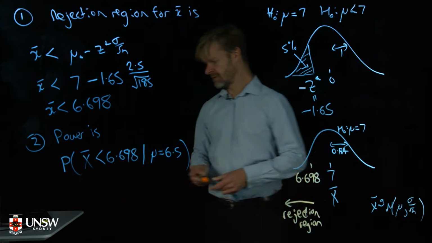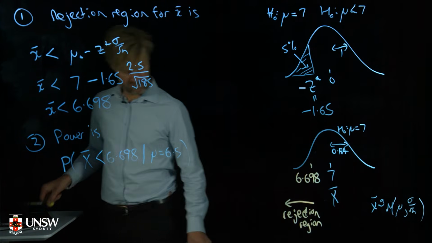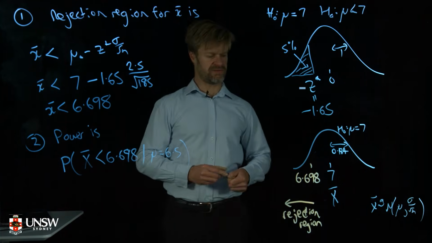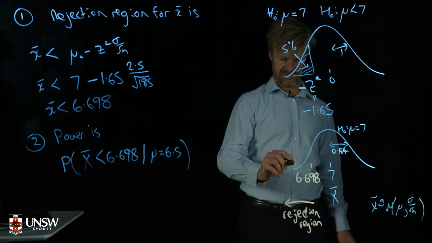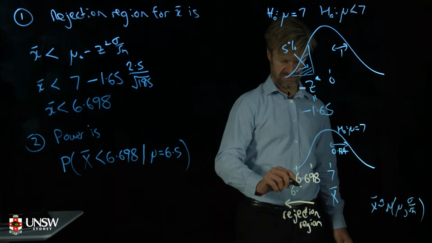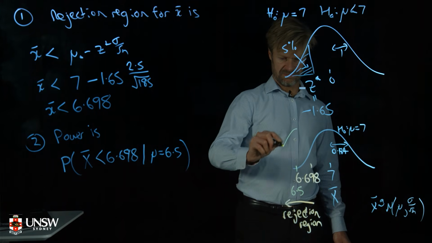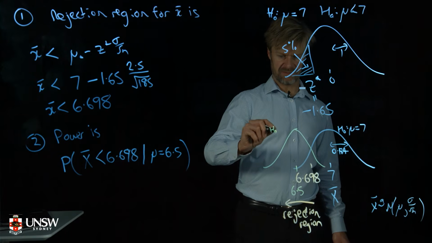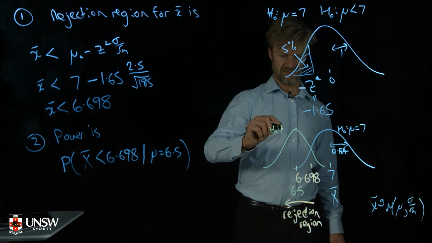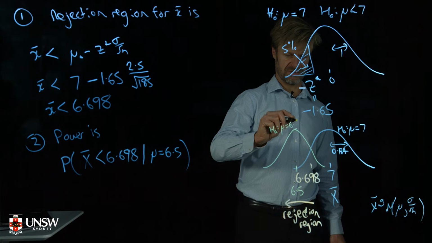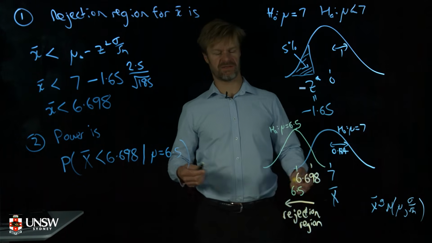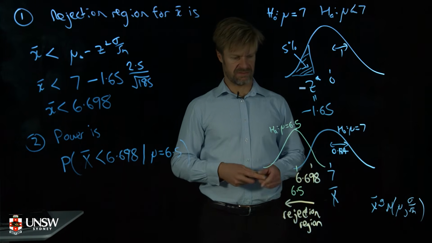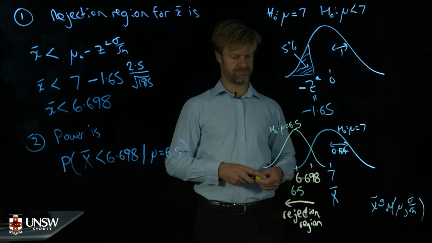Now, we're asked, what if the true mean were 6.5? Here's 6.5. So we're going to be under the alternative hypothesis, and we're specifically going to say, what if students are on average getting 30 minutes less sleep than is recommended?